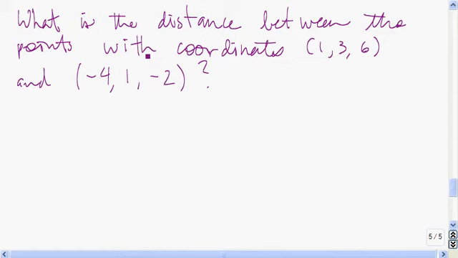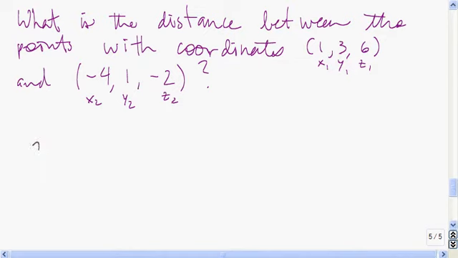Okay, here we have 2 points in the XYZ coordinate system. We have an X, a Y, and a Z there. Actually, let me call the first one X1, Y1, Z1, and this X2, Y2, Z2. I want to find the distance between these 2 points.